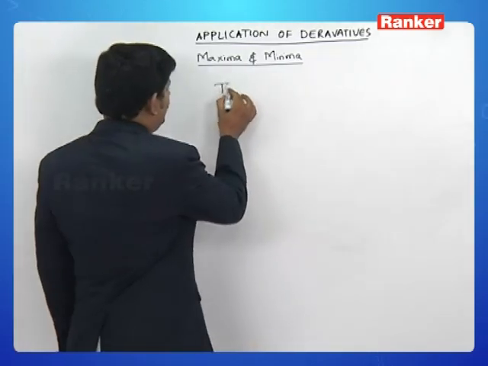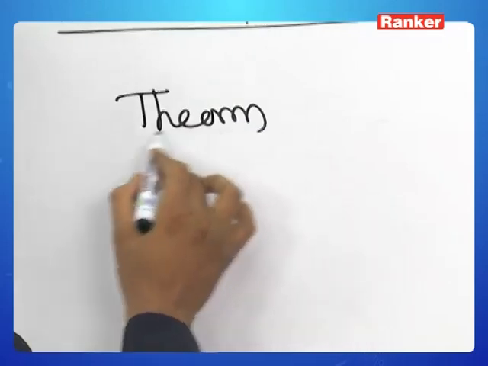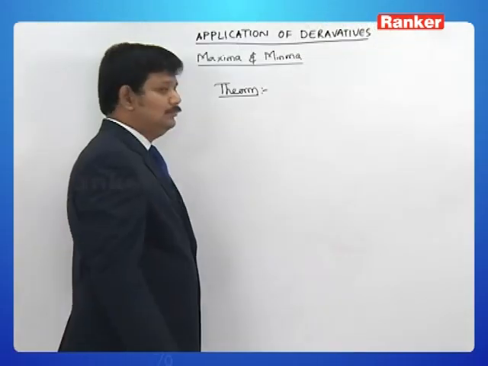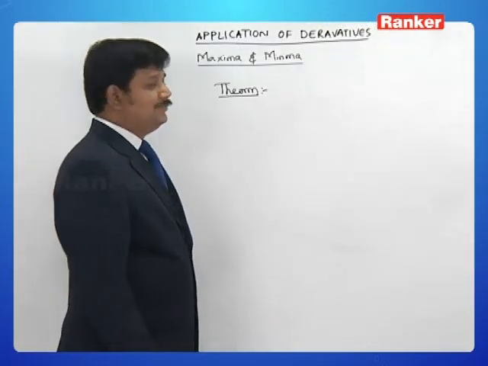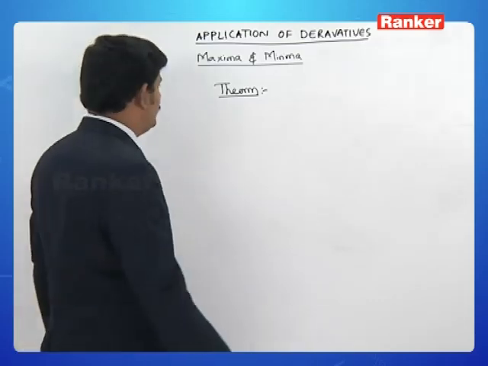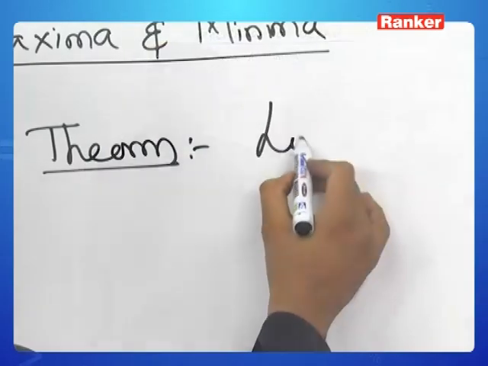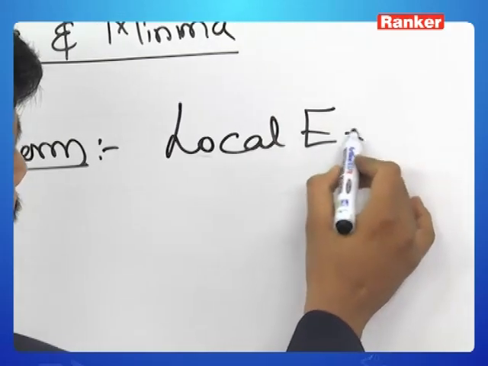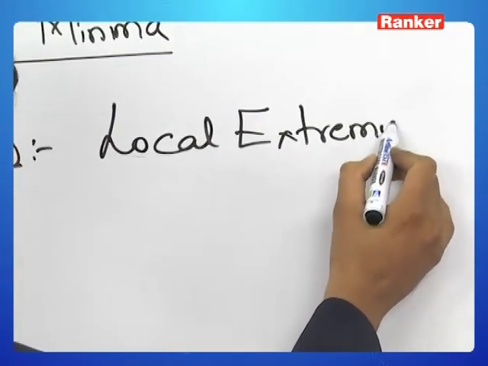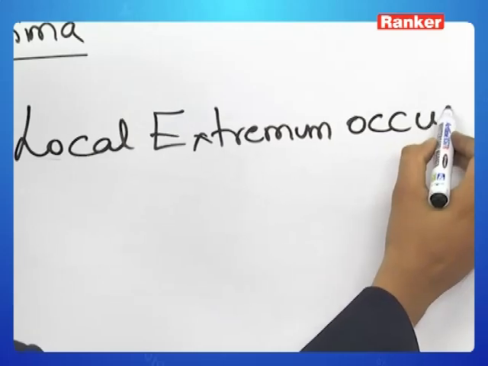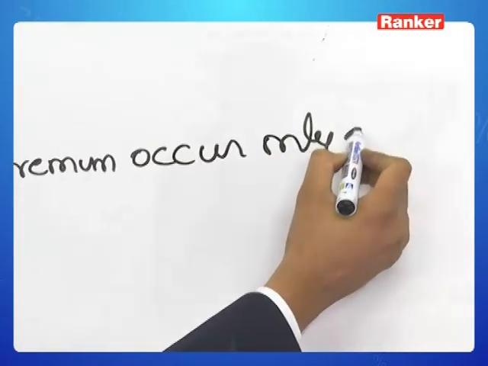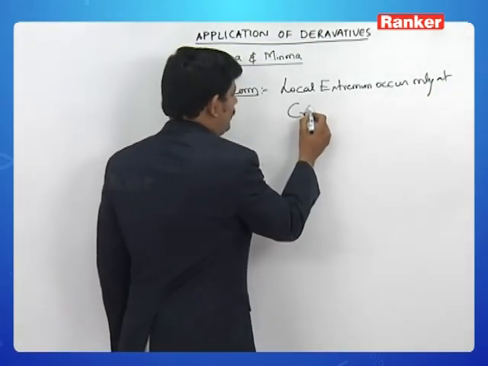Then we have a very important theorem which brings in the role of application of derivatives in the discussion of maxima and minima. Local extremum occur only at critical points.